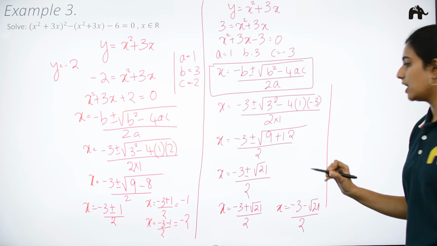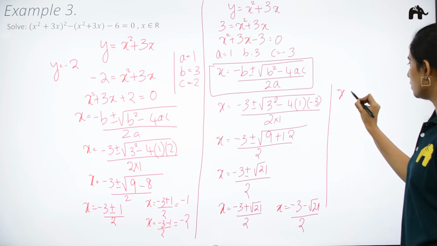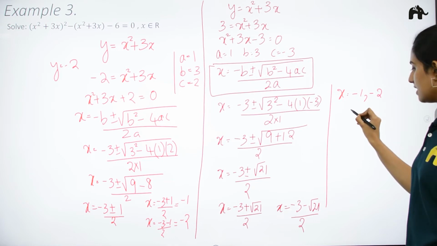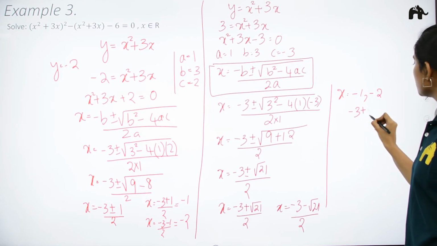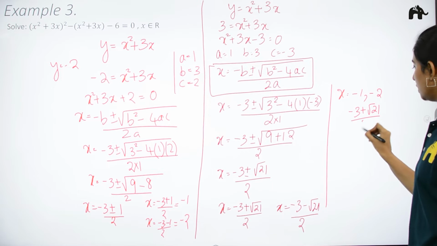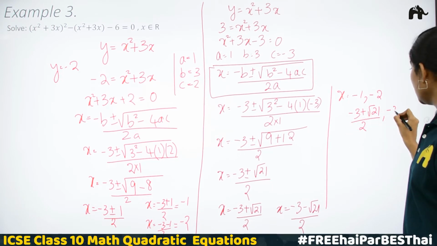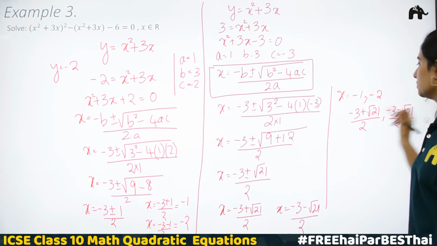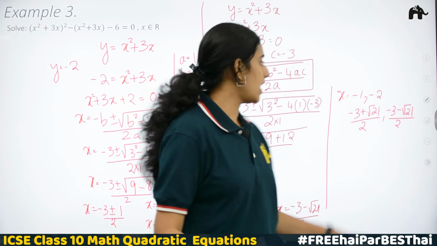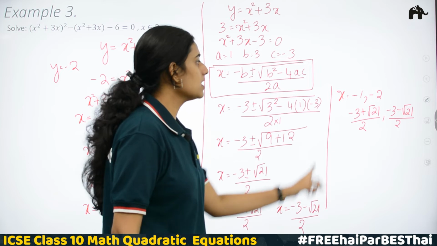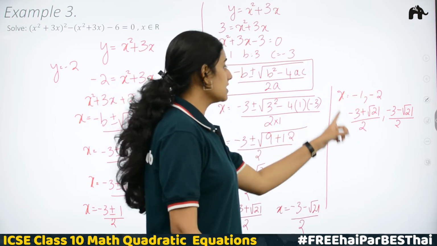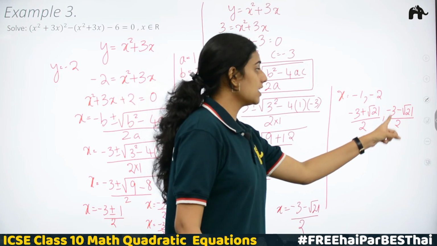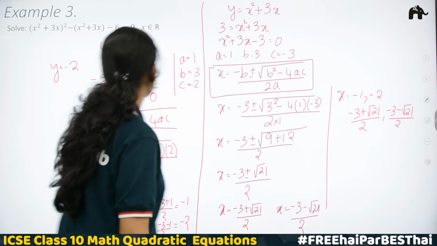The possible values of x are x is equal to -1, -2, then (-3 + root 21)/2, (-3 - root 21)/2. These are the 4 possible values of x.